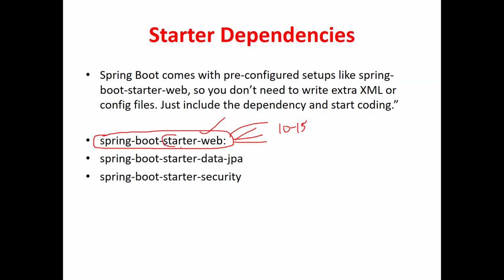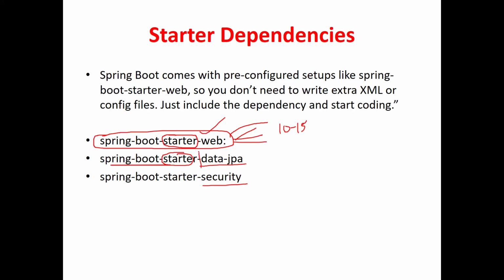Are you able to see? starter-web, starter-data-jpa, starter-security. Internally, transitive dependencies will be downloaded for you. You just need to add them to the classpath. If you add starter web, it will deploy your application into Tomcat automatically. That is about auto configuration.